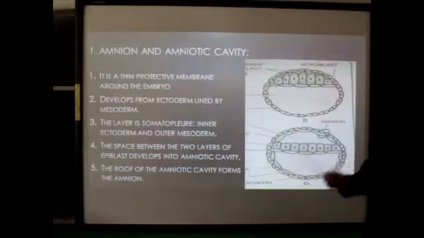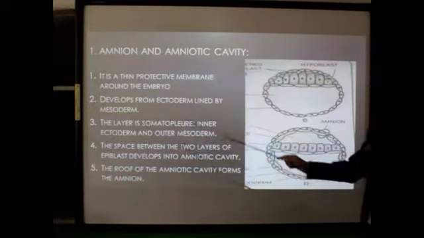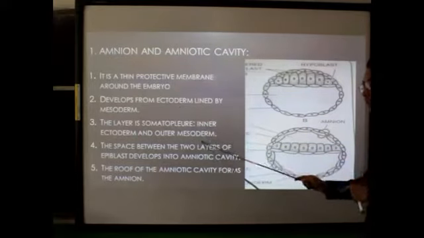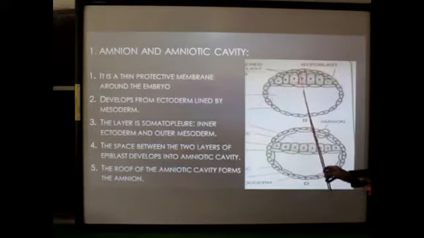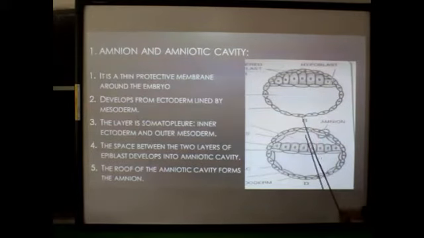It develops from the ectoderm, it is lined by mesoderm. The layer is somatopleure. In the inner part, we will find the ectoderm, and in the outer part, we will find the mesoderm. The space between the two epiblast cells forms a cavity which is called the amniotic cavity, and it contains a fluid called amniotic fluid, and the roof of this amniotic cavity forms the amnion.